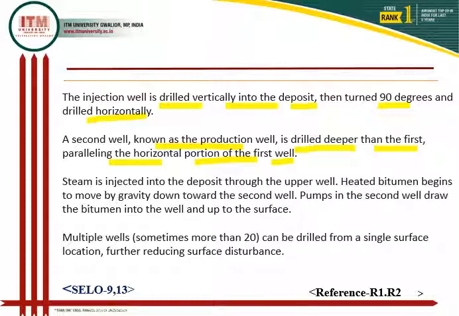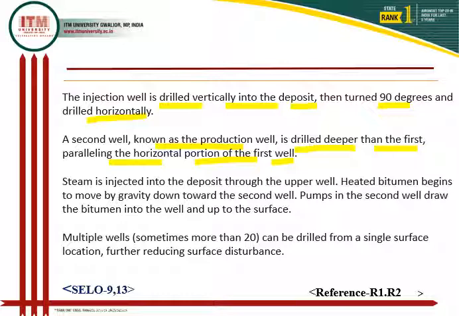So the injection well is first drilled vertically into the deposit and then turned horizontally, and the production well parallels the horizontal portion of the injection well, but is deeper than the injection well.